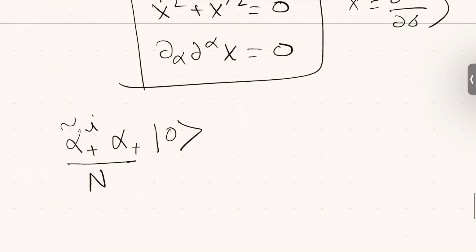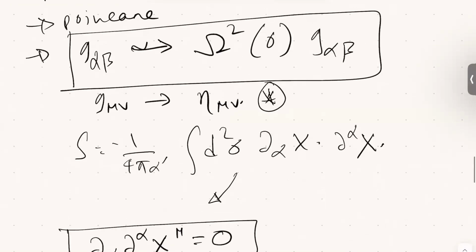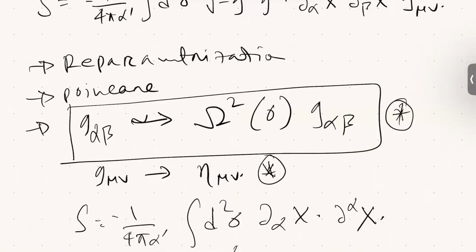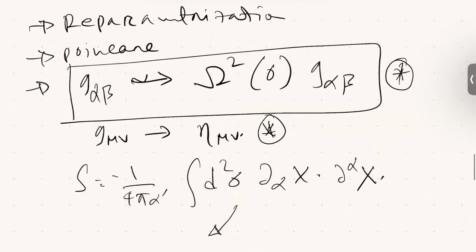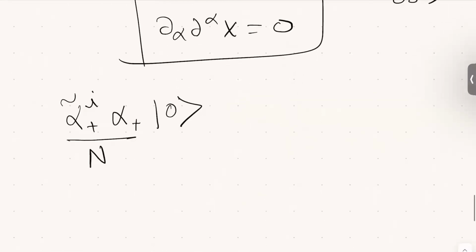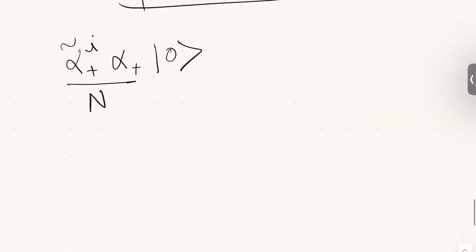Now I have to jump a bit again, because I was telling you about this Weyl invariance thing. Whenever you have just the bosonic string, this Weyl invariance condition, the conformal symmetry, is only satisfied when D is equal to 26.